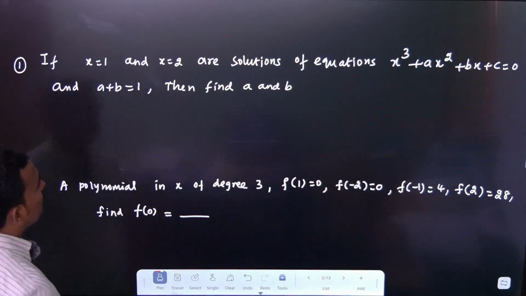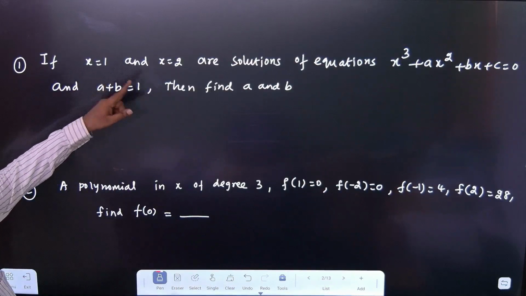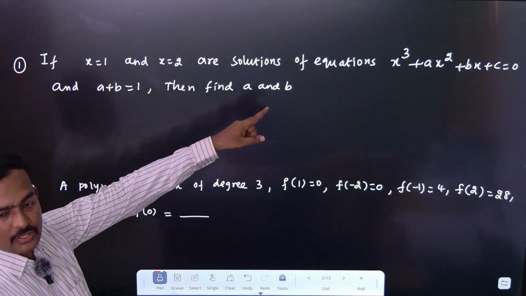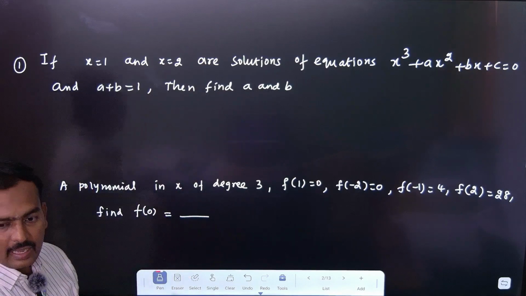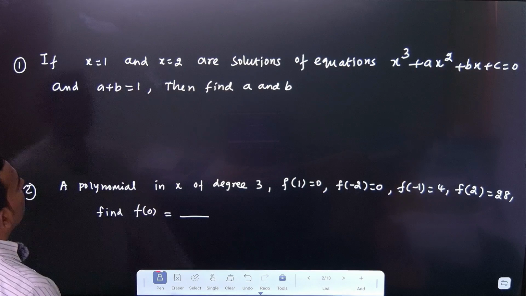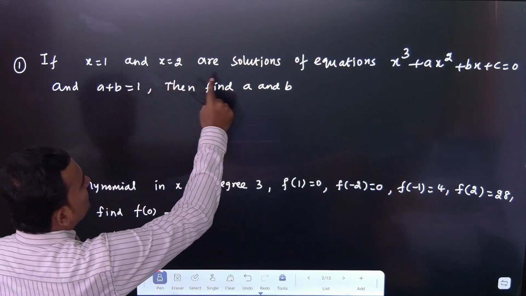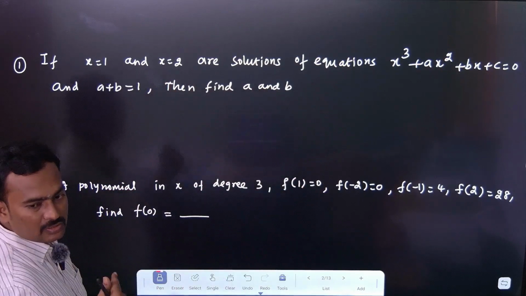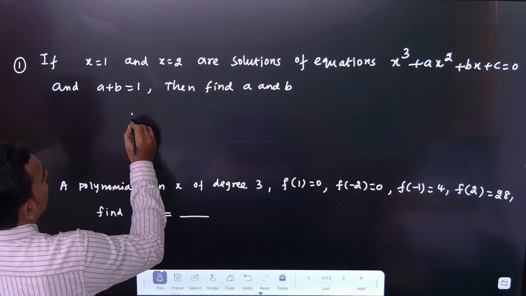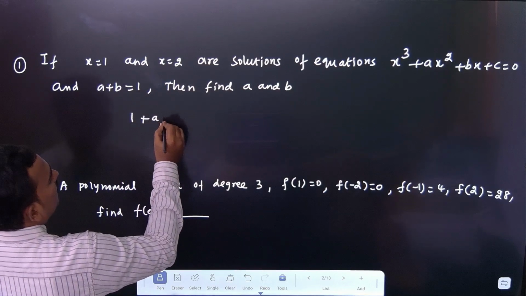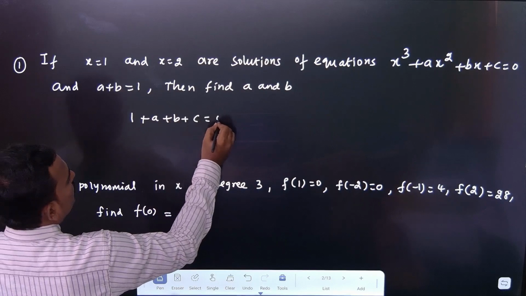Let's do the problem. If x equal to 1 and x equal to 2 are the solutions of the equation and a plus b is equal to 1, find a and b. So definitely x equal to 1, 2 satisfy the equation because they are solutions, right? Just substitute here: 1 plus a plus b plus c is equal to 0.